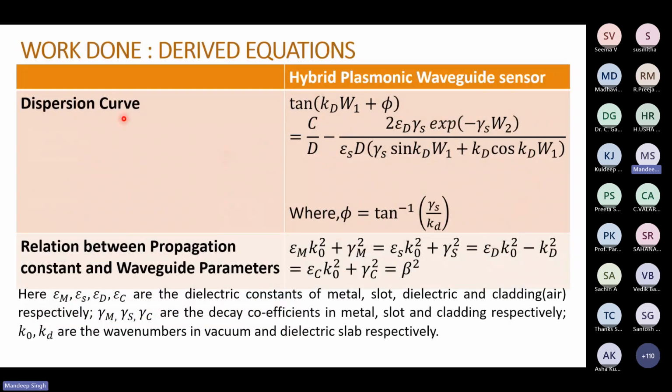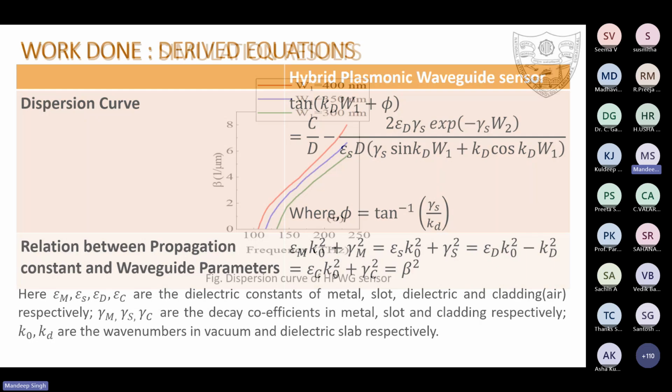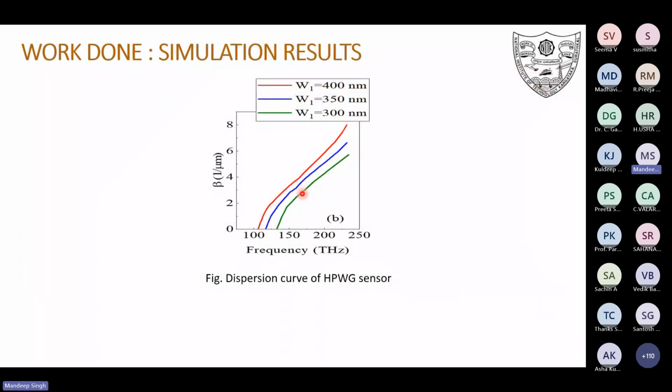So we have started with the dispersion relation, where we have seen what are the dominant modes and the radiated modes in our structure. So this is the corresponding dispersion plot. Instead of omega-k, we have now converted to beta versus frequency, for different waveguide widths.